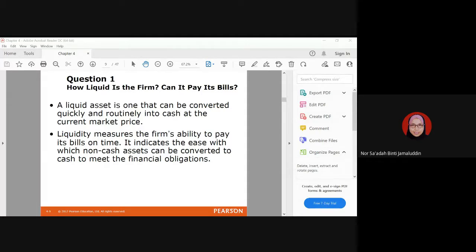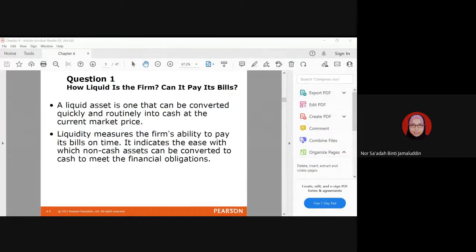So bila kita bagi ke orang, we are involved in the sale of our inventory, so that we will get cash. We will get cash in terms of cash, or also belum terima lah, ataupun orang yang berhutang dengan kita, kan, debtors and creditors and so on. Okay, liquidity measures the firm's ability to pay its bills on time. It indicates the ease with which non-cash assets can be converted to cash to meet their financial obligations.